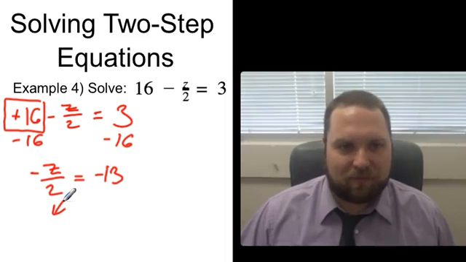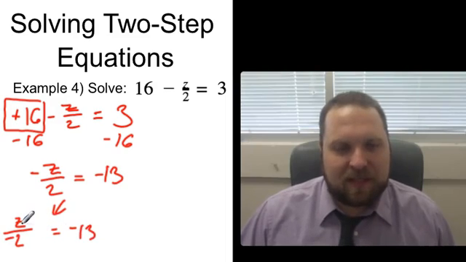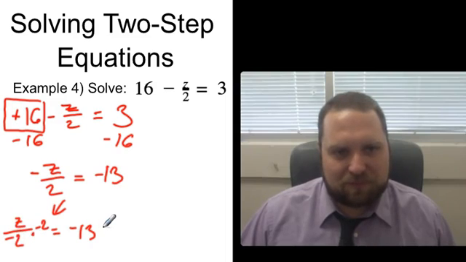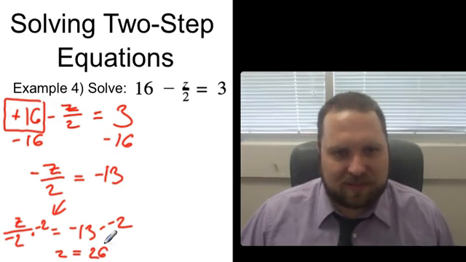So one way I can work this is to say that this is z over negative 2 equals negative 13. Since we're dividing by negative 2, to undo that, I multiply both sides by negative 2, and I would find that z is equal to positive 26, and that would be my solution.